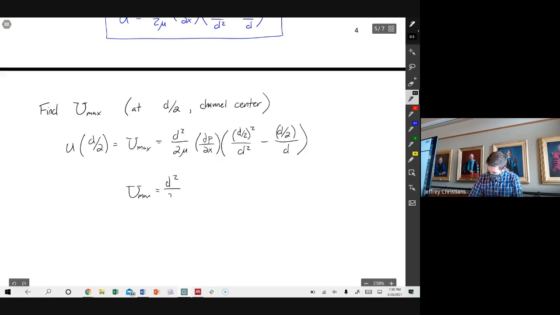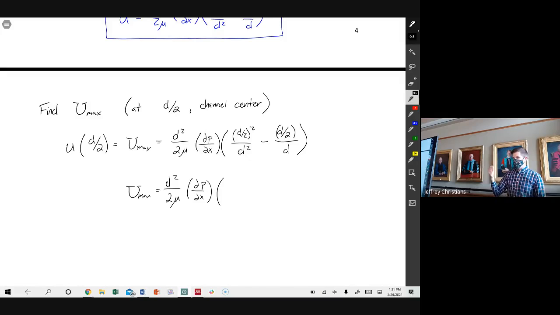And if we look at what that is, this is d squared over 2 mu dp dx. That first term, we'll have a d squared over d squared, so the d squared parts will cancel out. And at the top, we have a 1 over 2 squared, so this is 1/4, minus, similar kind of thing, we have a d over 2 over d.